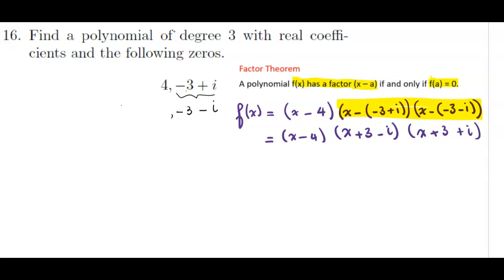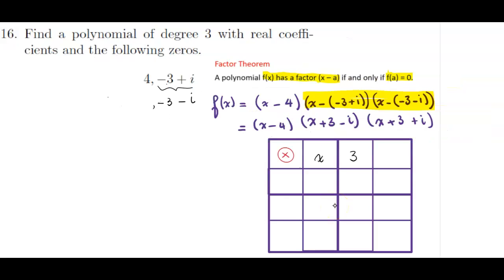Then I'm going to use the table. I place the x plus 3 minus i here, so that will be the first term that I'm going to use for the multiplication, and the second term is going to be this one. I'm going to multiply these two together, and after that I'm going to multiply by x minus 4. So the second one is going to be x, 3, and i in here.